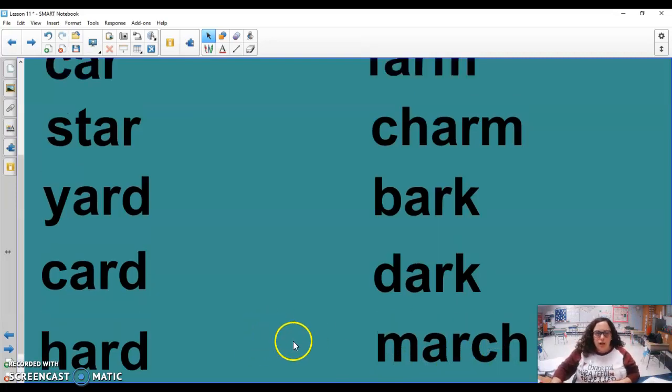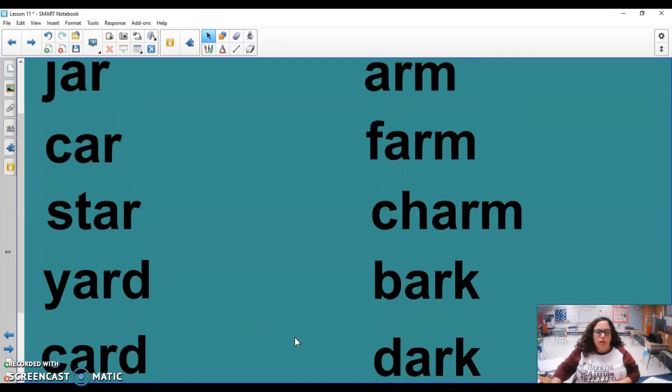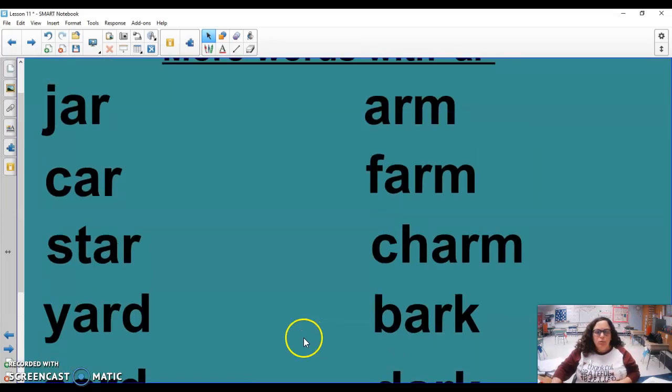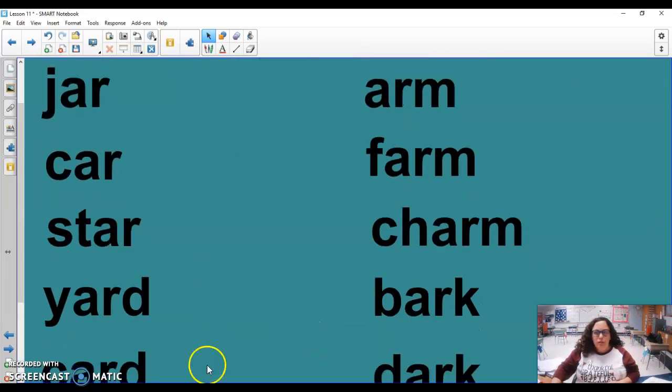All right, good job. I want you to look at these words and I want you to think about what are some words that rhyme on this page right here. What are some words that rhyme? Remember, rhyming words begin differently, but they sound exactly the same at the end of the word. They don't have to be spelled the same. In this case, they are, but they don't always have to be spelled the same in order to be rhyming words.